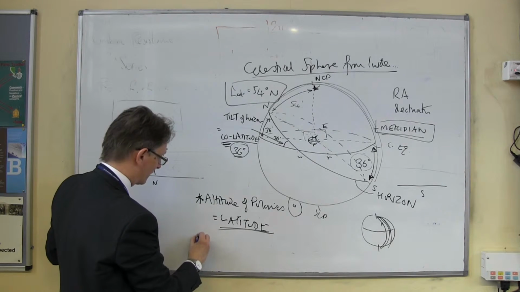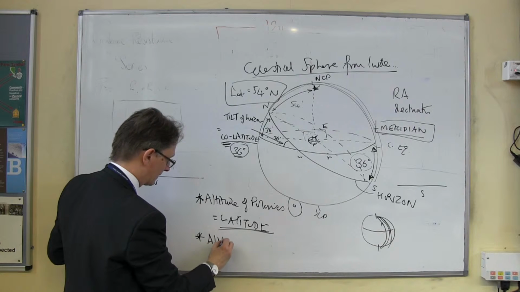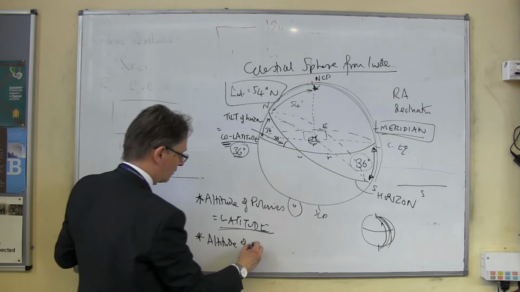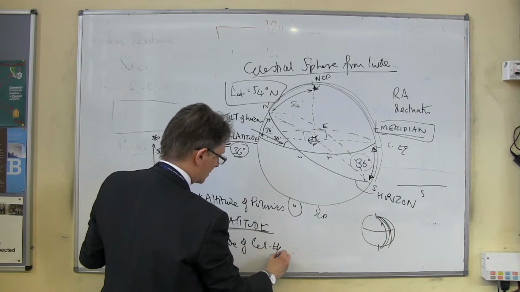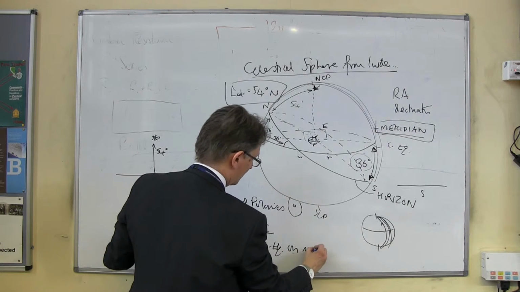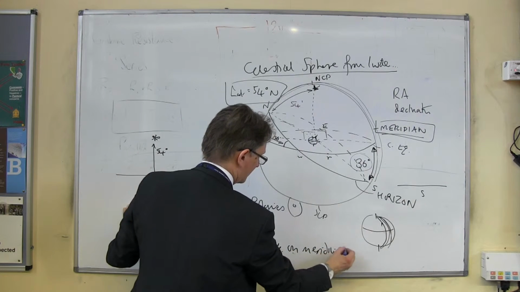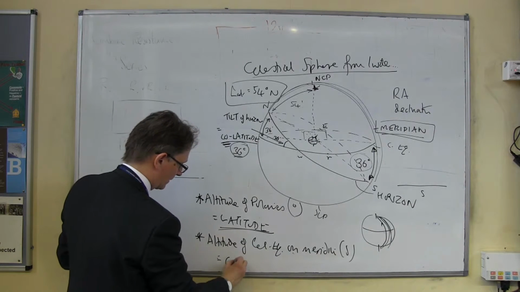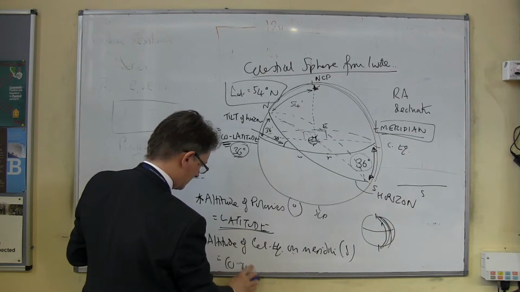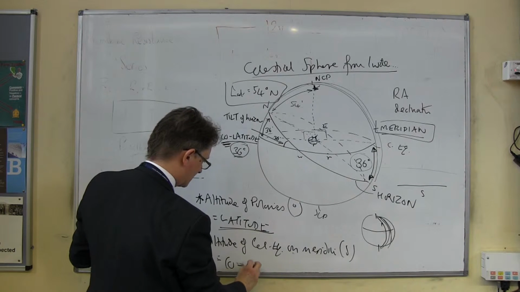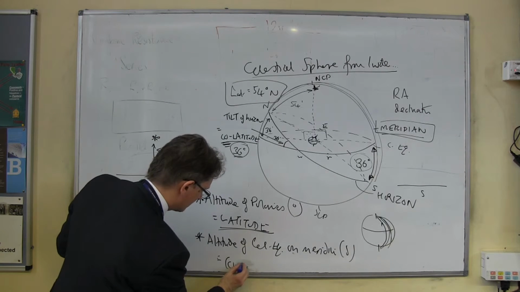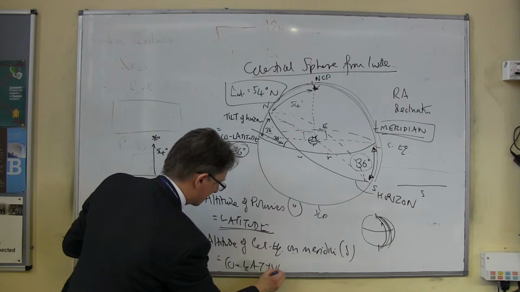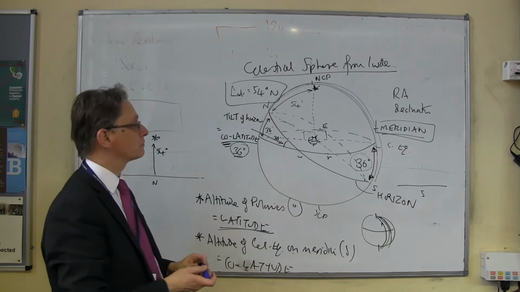So second important fact is the altitude of the celestial equator on your southern meridian is equal to your co-latitude, which I can't spell. Okay?